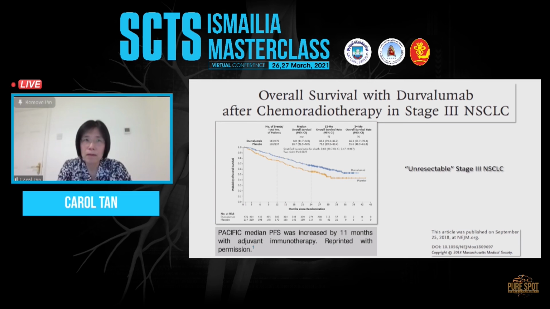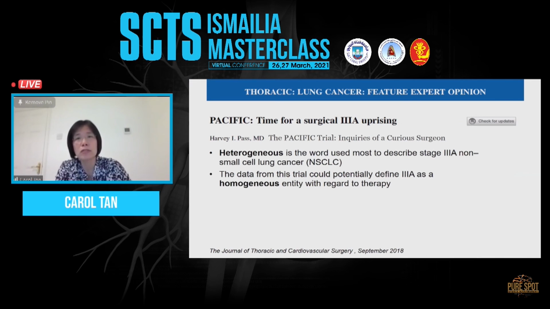So we need to be a little bit cautious about oncologists claiming that there's no role for surgery in this group of patients, because we know that stage 3A non-small cell lung cancer is a heterogeneous group, and some patients will benefit from surgical resection within multimodality treatment.